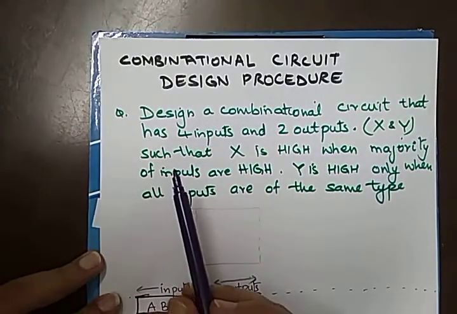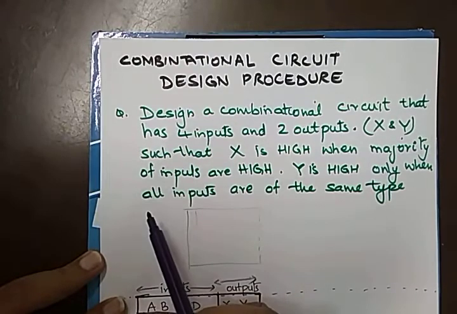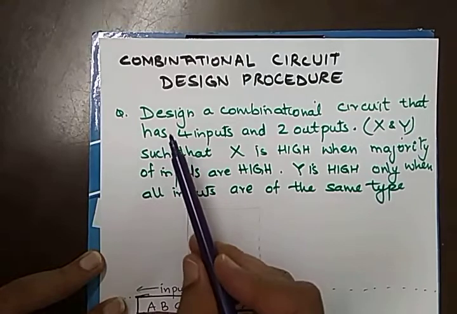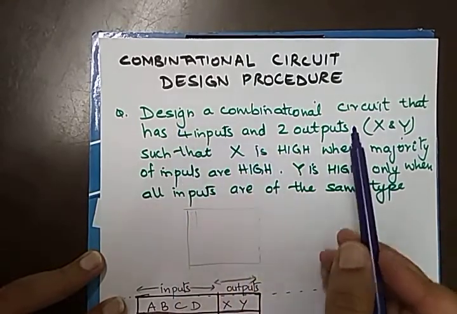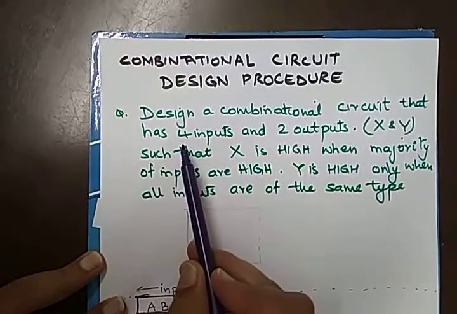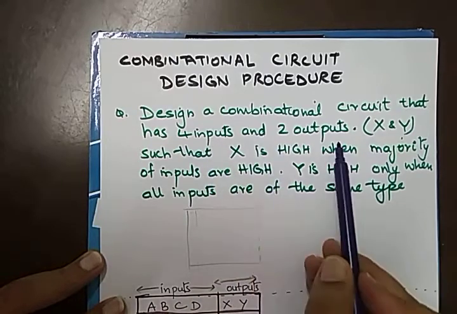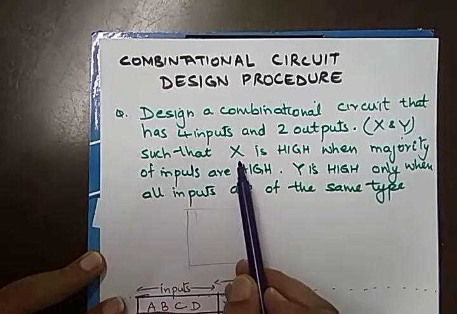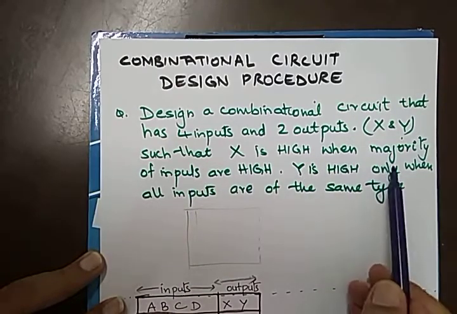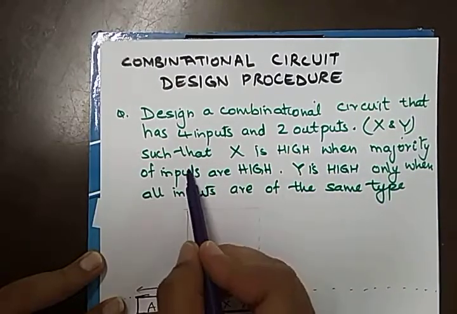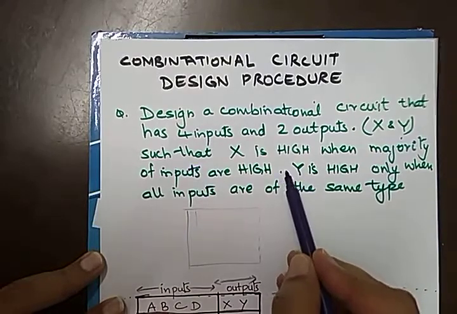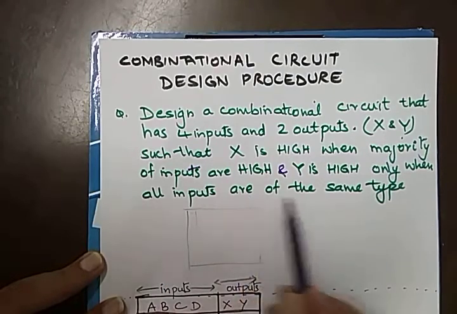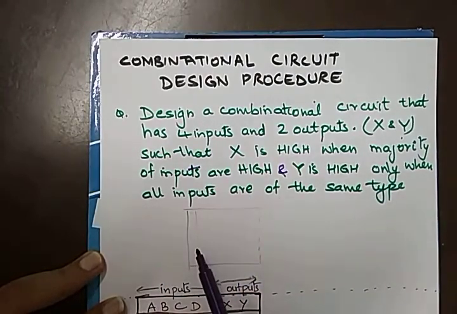Let us take the example of this statement, which says: design a combinational circuit that has 4 inputs and 2 outputs X and Y, such that X is high when majority of inputs are high and Y is high only when all inputs are of the same type.